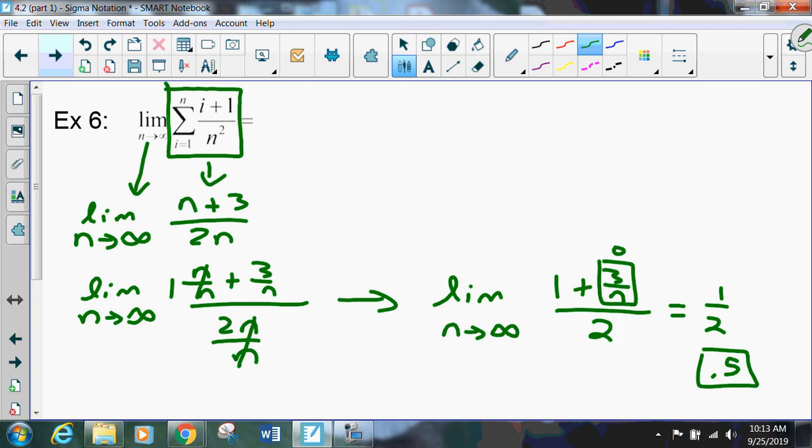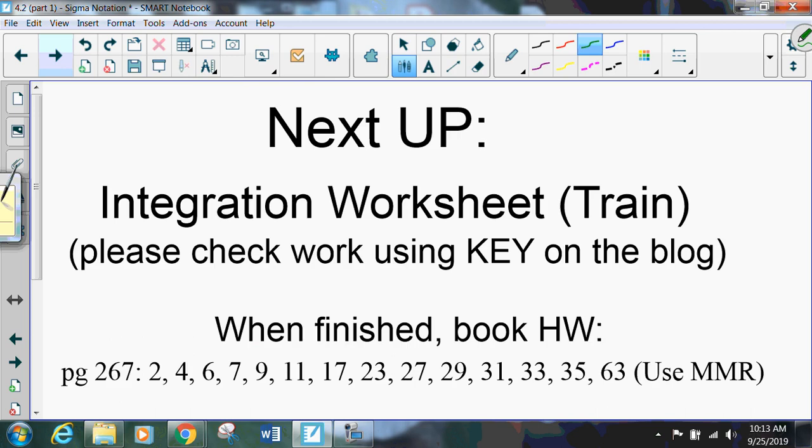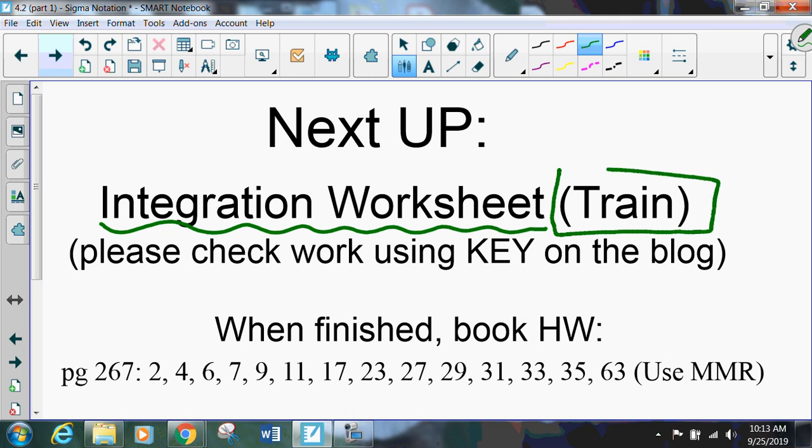And so this is part 1 of 4.2. The second part, I really should say it's 3 parts, because part 2 is you're going to do the introduction to integration worksheet, which is about the train problem. You'll be doing area under a curve where you're just going to be approximating.